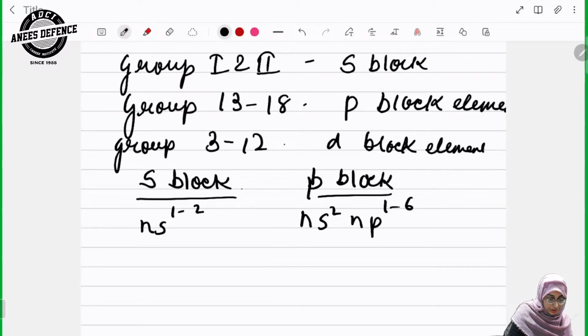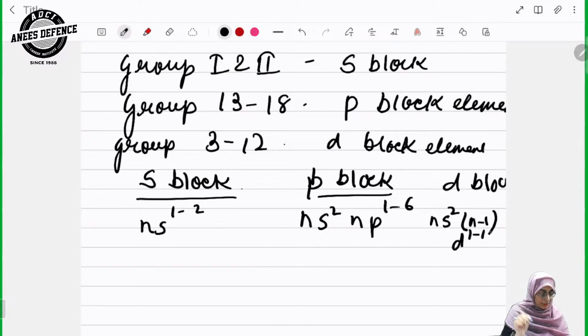For D block elements, it is ns2 (n-1)d1 to 10. So it means that those elements which have their last electron in the S orbital come in the S block. When the last electron goes in the P orbital, they are P block elements. And those which have their last electrons in the D subshell are D block elements.